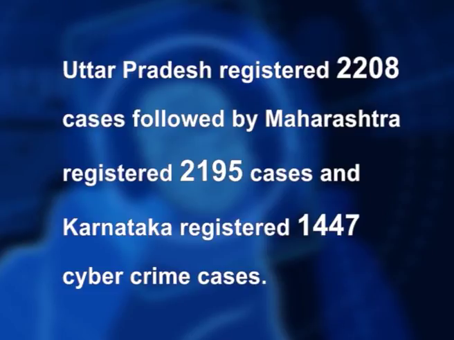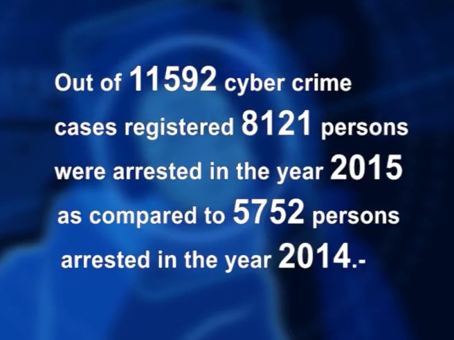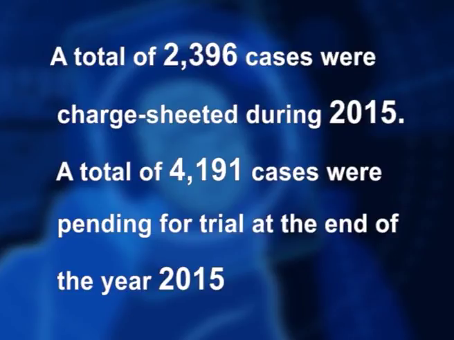and Karnataka registered 1,447 cybercrime cases. Out of 11,592 cybercrime cases registered, 8,121 persons were arrested in the year 2015 as compared to 5,752 persons arrested in the year 2014. A total of 2,396 cases were charge sheeted during the year 2015.